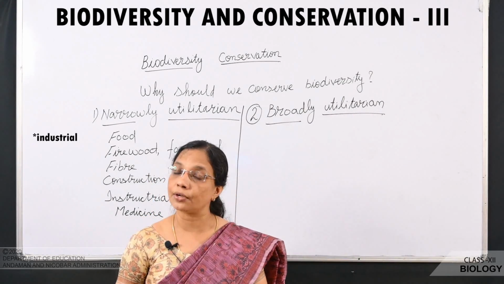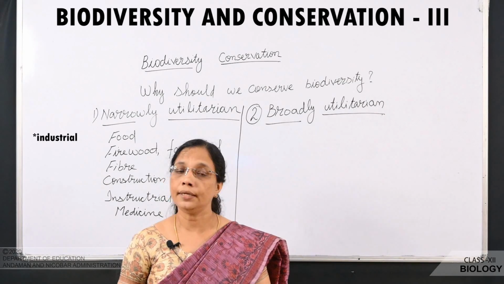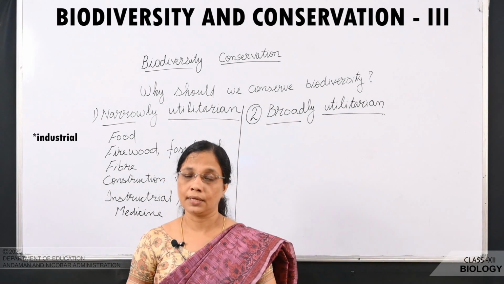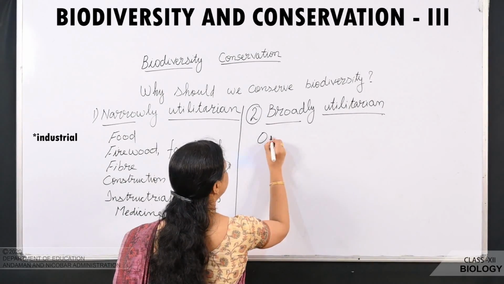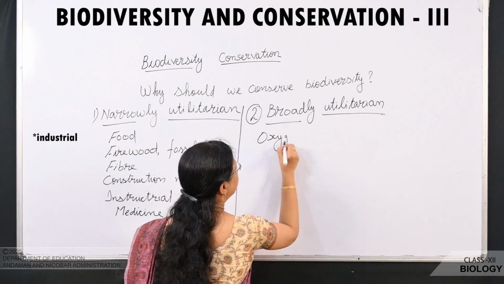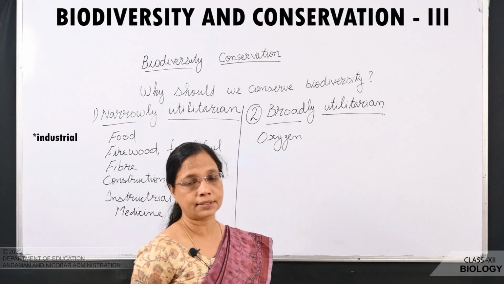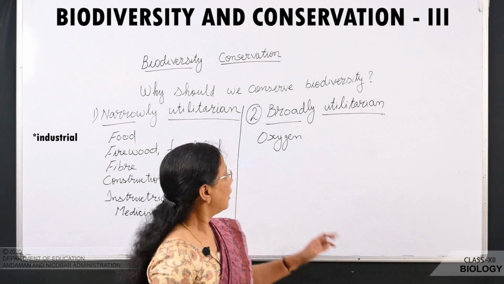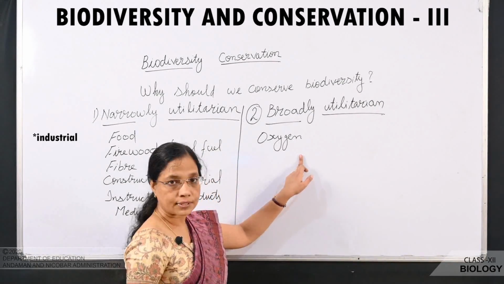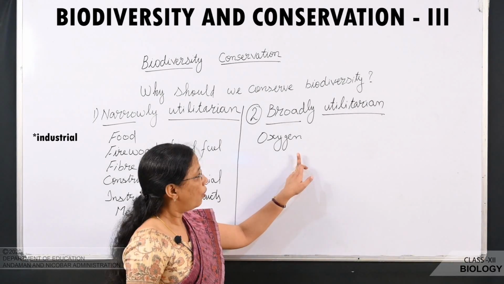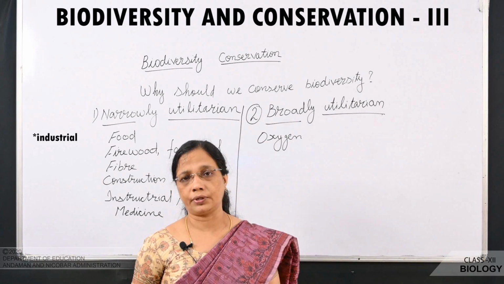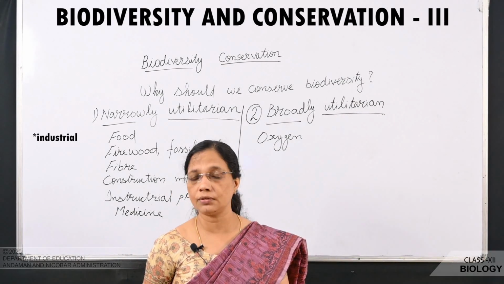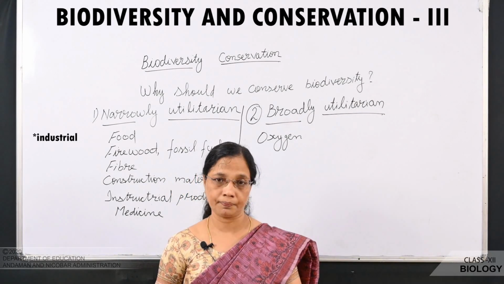Biodiversity plays a major role in ecosystem services. The ecosystem services that nature provides, like oxygen. Oxygen is very essential for every living organism. Without oxygen, we cannot survive on this earth.